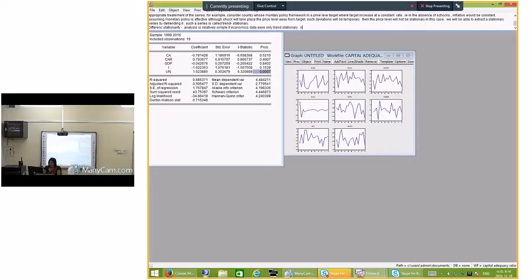But another common situation is one where the series is subject to shocks whose effects do not die away with time.